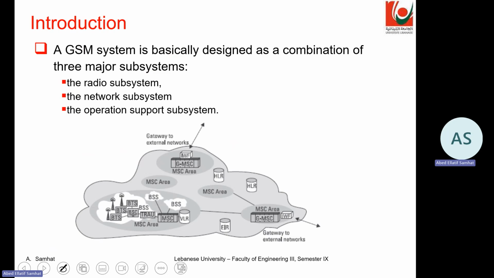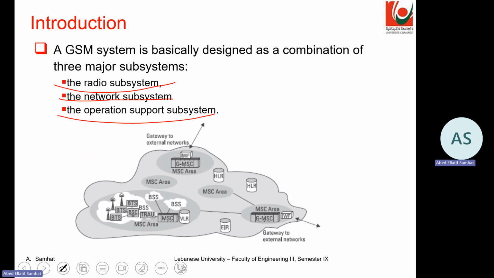So the GSM system is basically designed as a combination of the following major subsystems. We have the radio subsystem, the network subsystem, and the operation support subsystem. And here it's very important for us to see the functionalities of each of those.